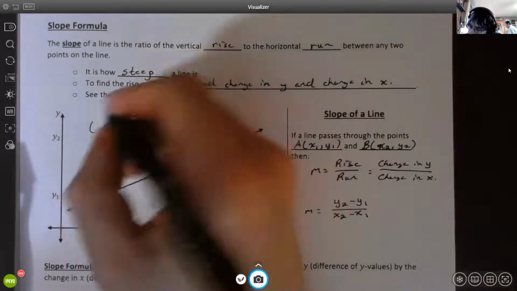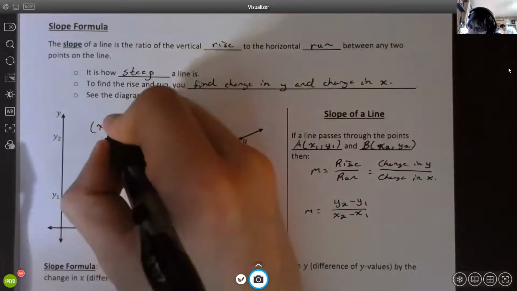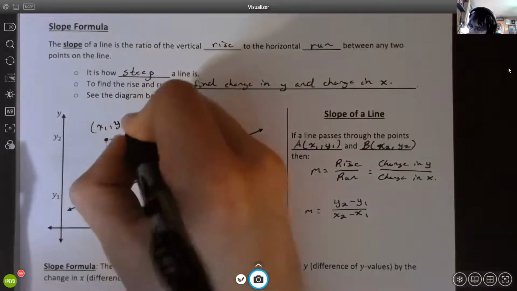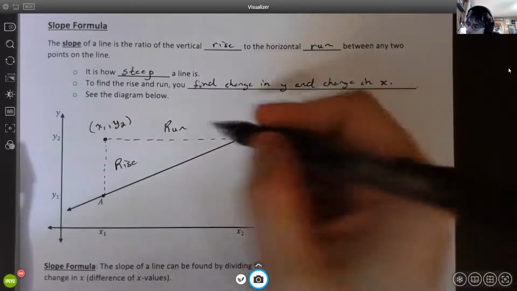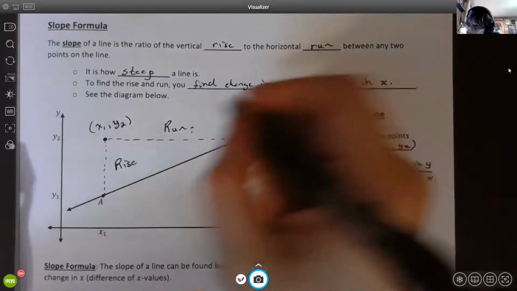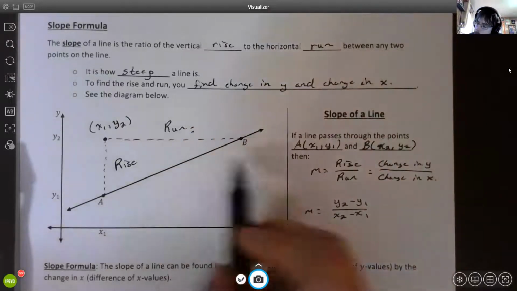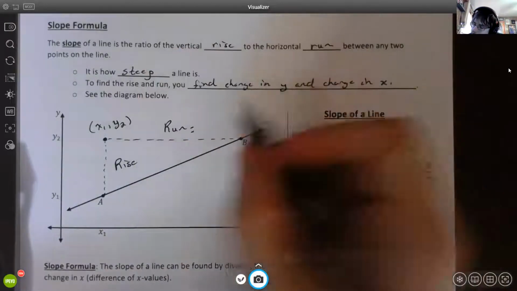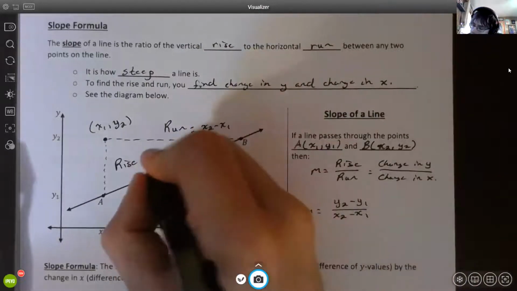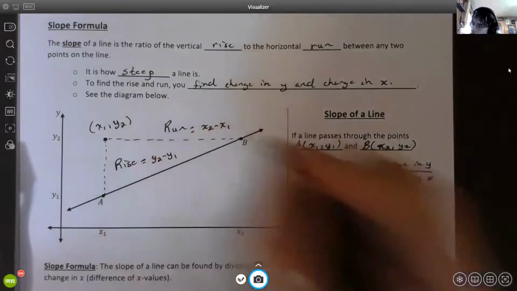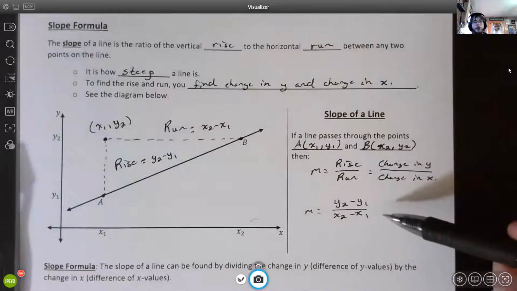And this point here is x1 comma y2. So in order to find the run, you would have to take your x's. So you would take x2 minus x1, and your rise would be equal to y2 minus y1. And that's how we get those equations.